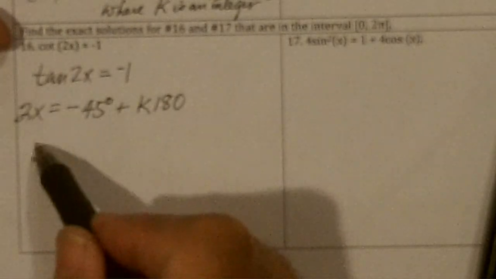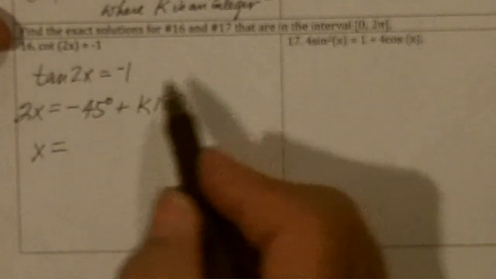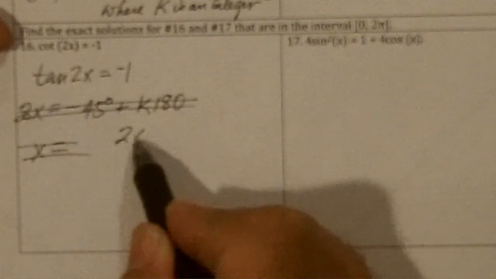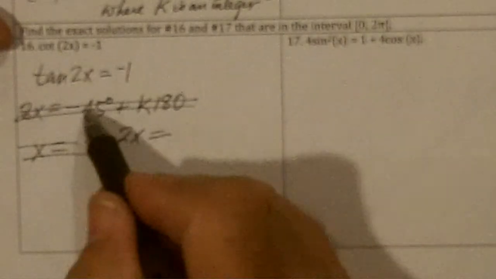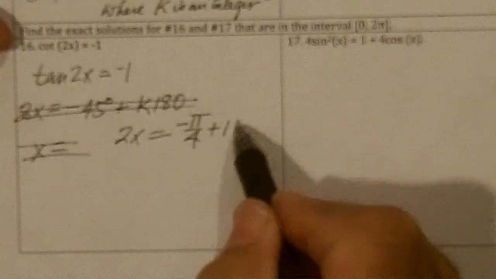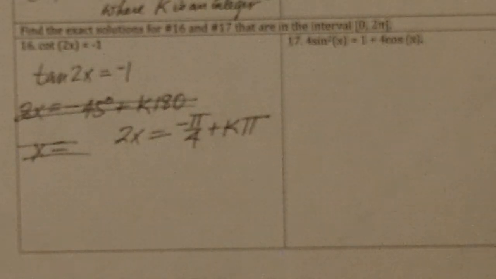So then you have to divide by 2, and so we get x is, oh, and I said between 0 and pi over 2. So we should be doing this in radians. So 2x equals minus pi over 4 plus k pi. And that's both answers because we're doing pi.